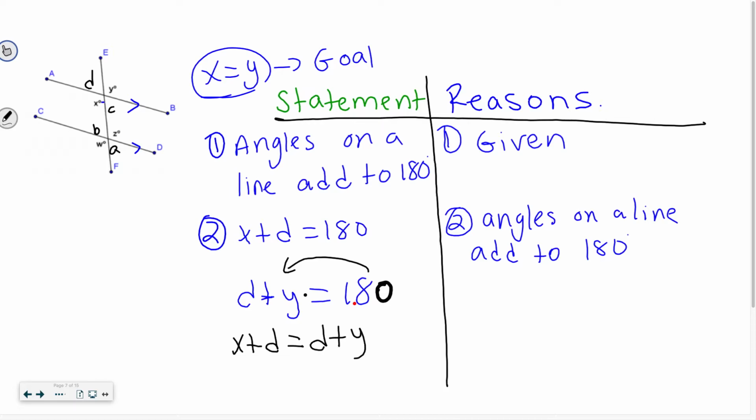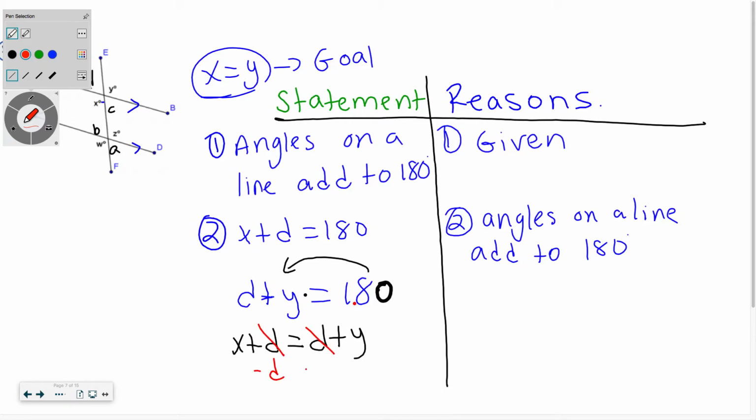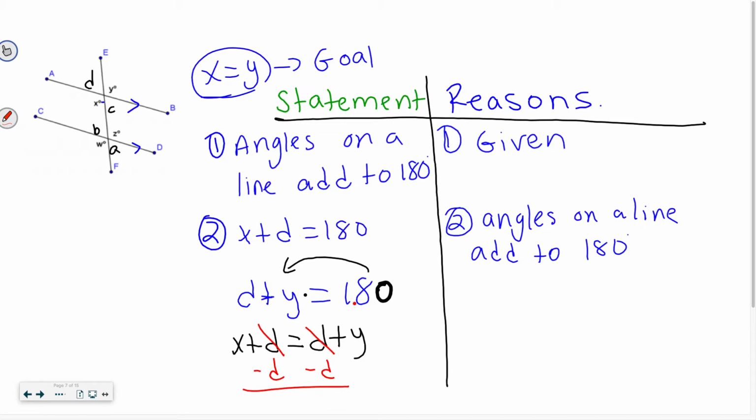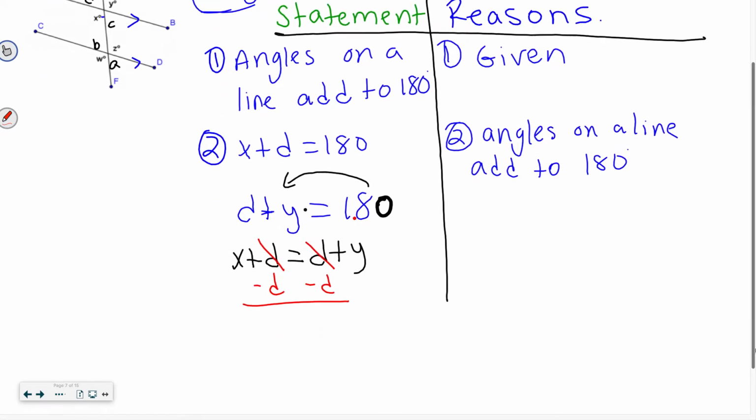As we can see, two things eliminate: the d's will cross out because I'm going to subtract d, and in the end, I will get that x is equal to y. That's exactly what I wanted to prove.